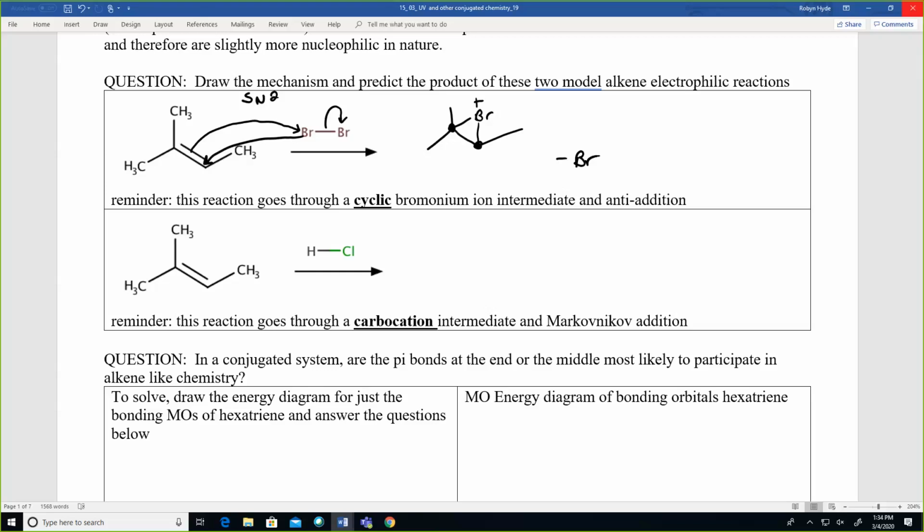Now keeping in mind everything that we studied with epoxide chemistry, if I have a moderate to weak nucleophile, does it attack at the most substituted carbon or the least substituted carbon? Most substituted, because the most substituted carbon is the most dipole-positive carbon. And so our bromide is going to attack at the most substituted carbon, and then I break that bond.